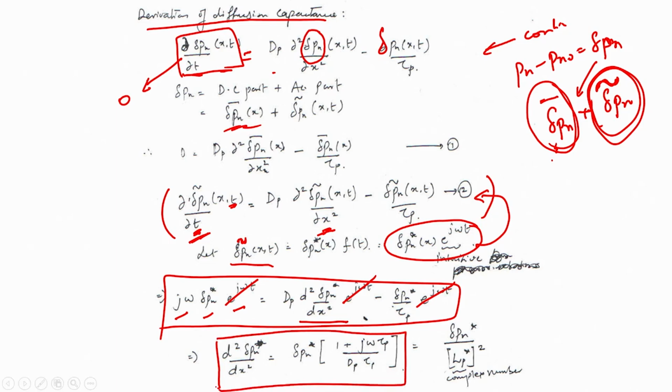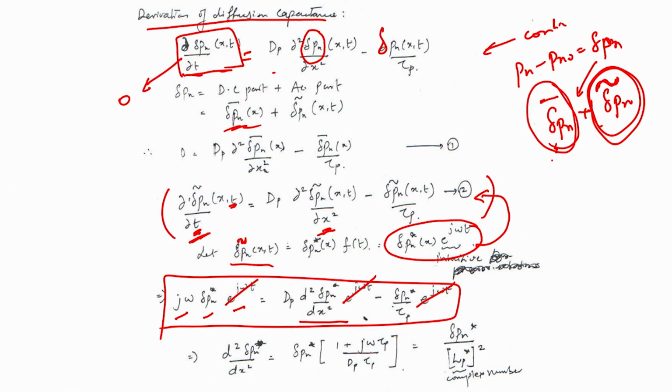So that's what the continuity equation boils down to if you were to take only the AC component and use a separation of variables. Now if you look at this term inside the square bracket, it is a complex number.